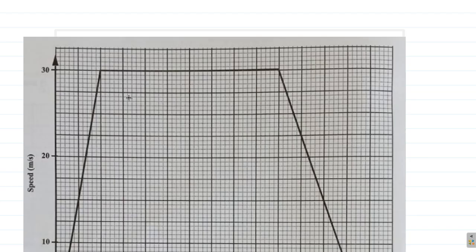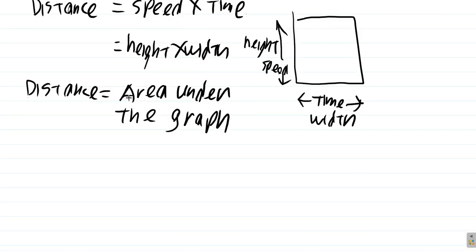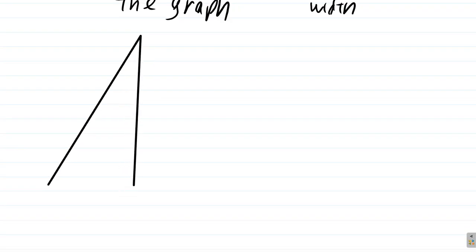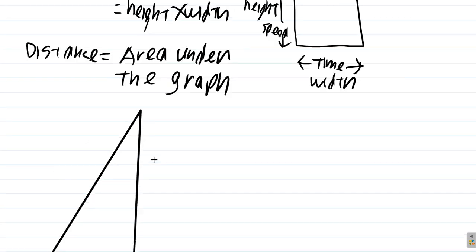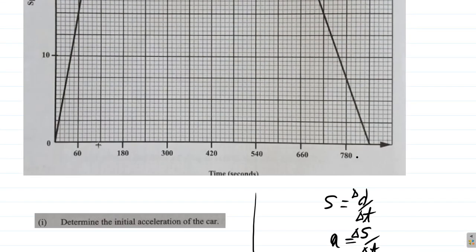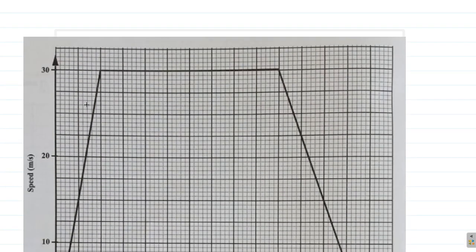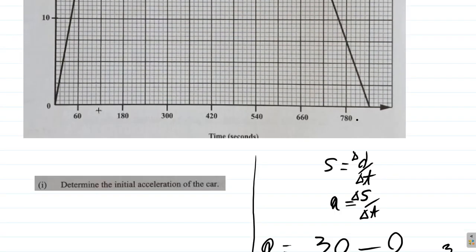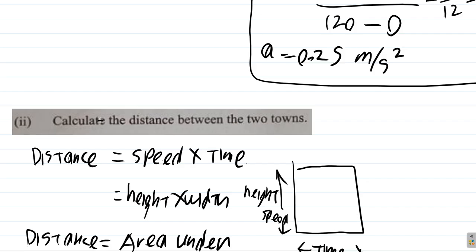We have 3 pieces of area here. We can cut the graph so that we have this part where it goes up to 30 and goes across to 120.